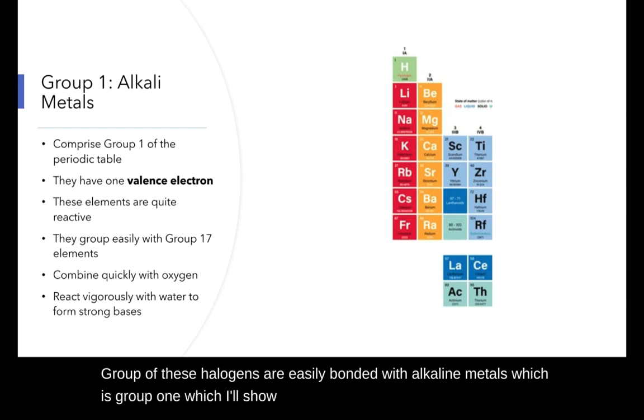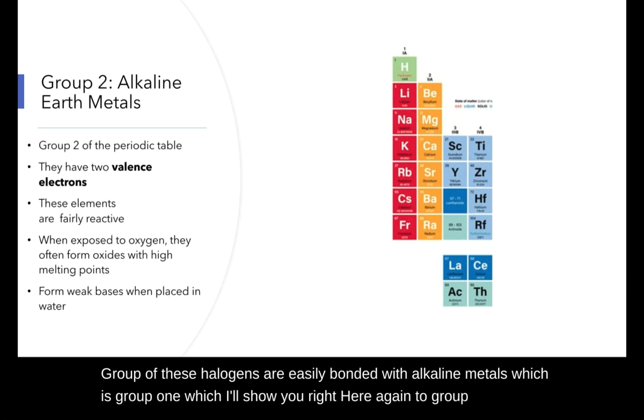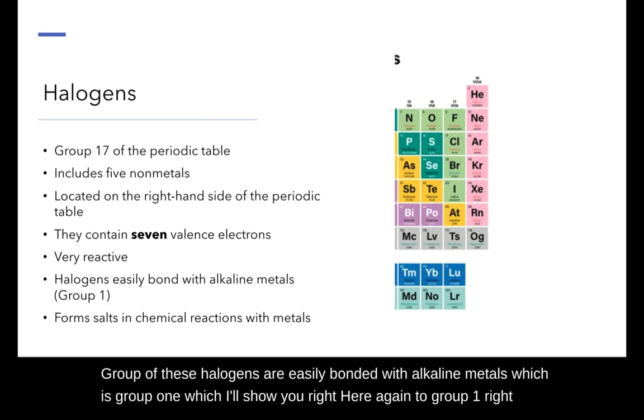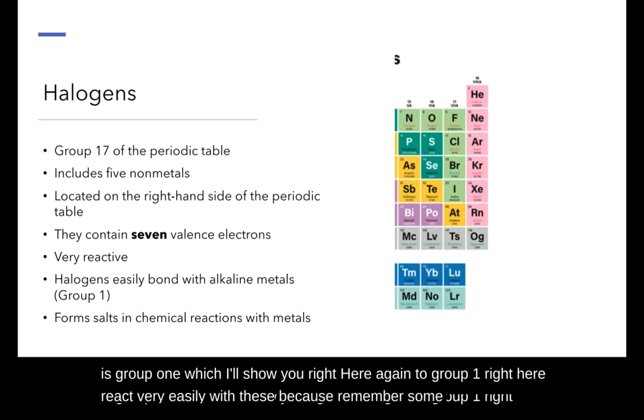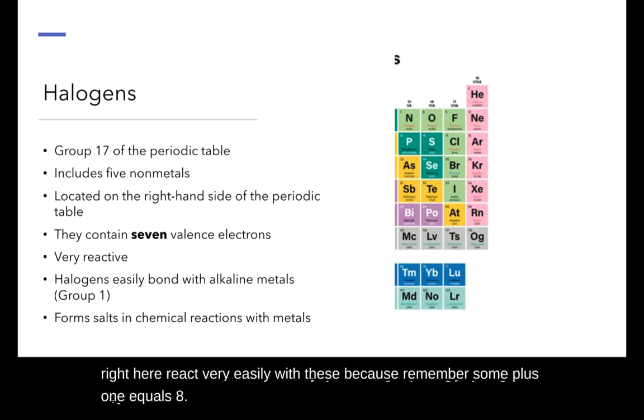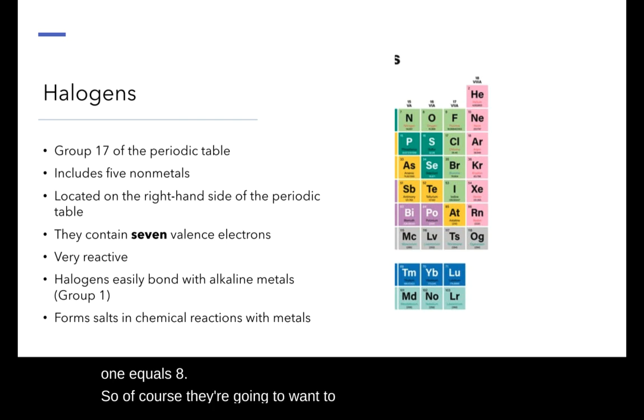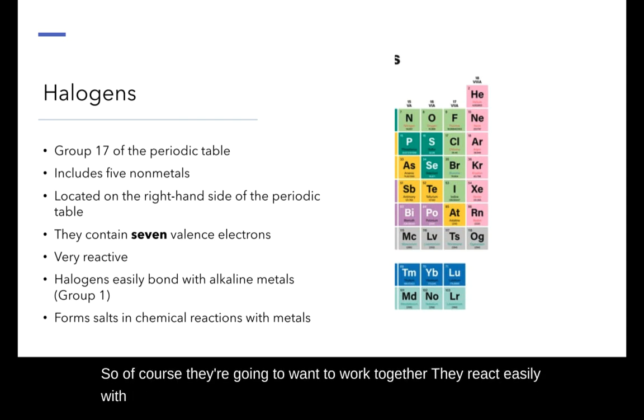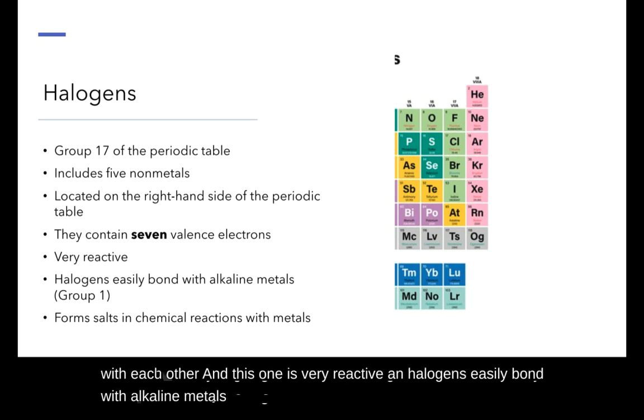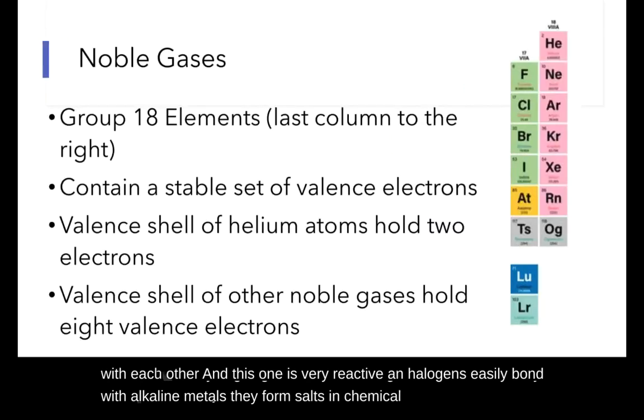So group 1 right here reacts very easily with these, because remember, 7 plus 1 equals 8. So of course they're going to want to work together. They react easily with each other. This one is very reactive, and halogens easily bond with alkali metals. They form salts in chemical reactions with metals as well.